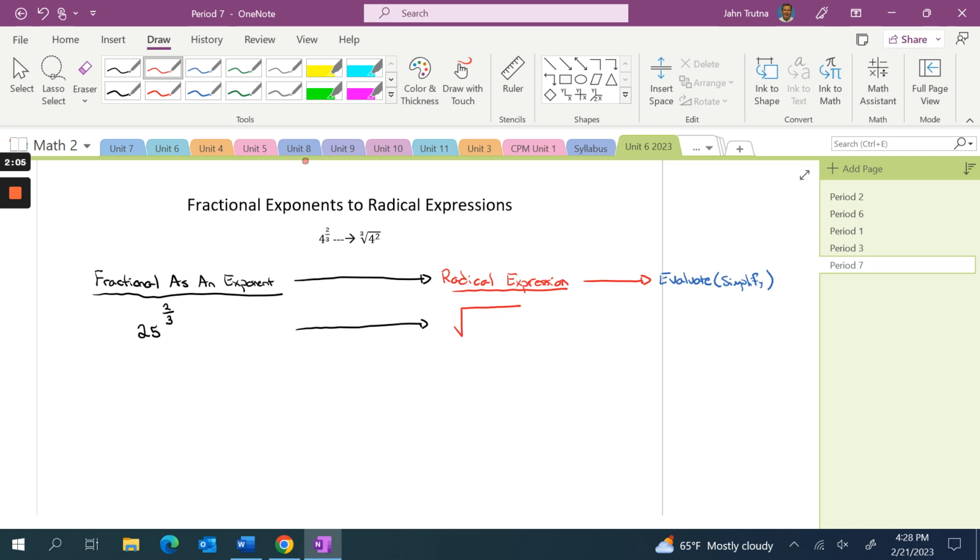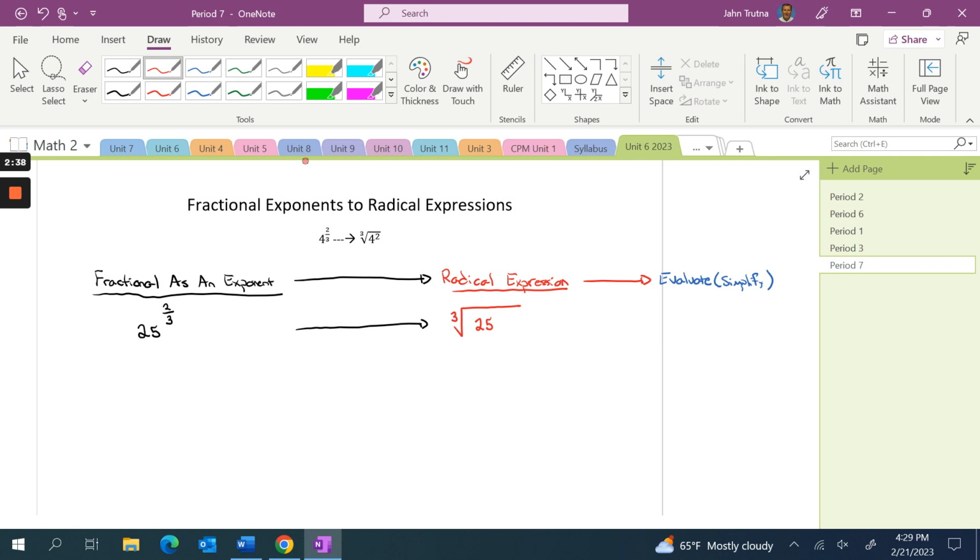Whatever number is in the denominator of the exponent, which is a 3, you put that right there in the radical. That is called the index. Then inside the radical symbol, you take the base of the exponent, which is 25, and that 25 is going to have an exponent, whatever the numerator is of your fraction.